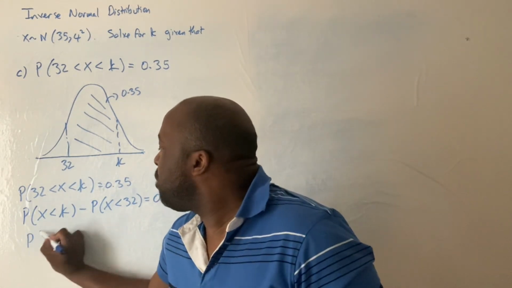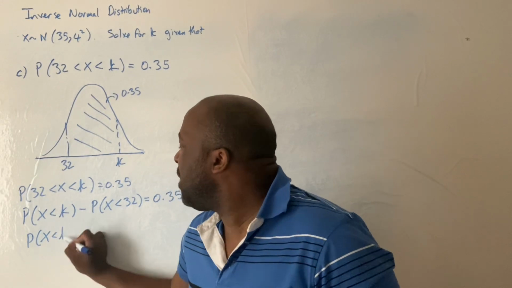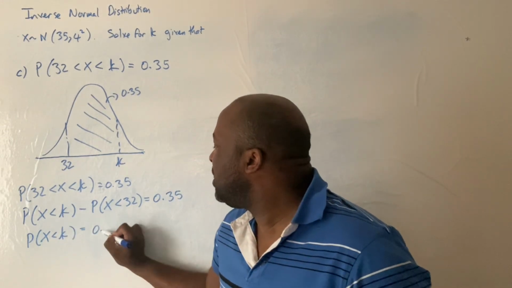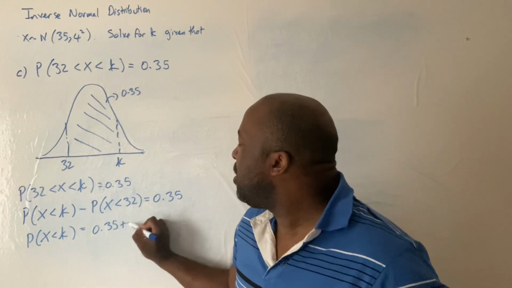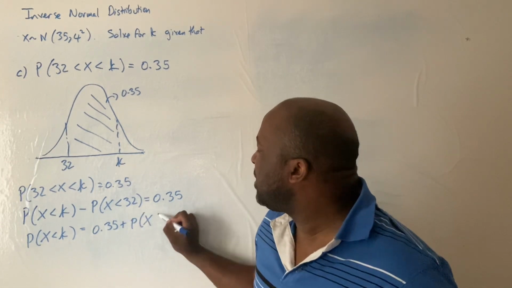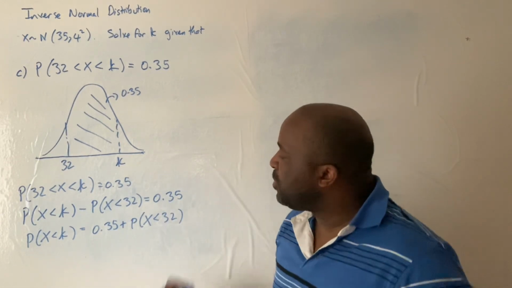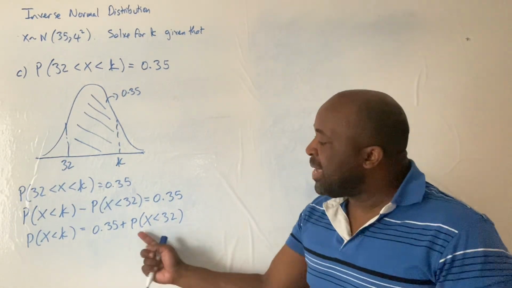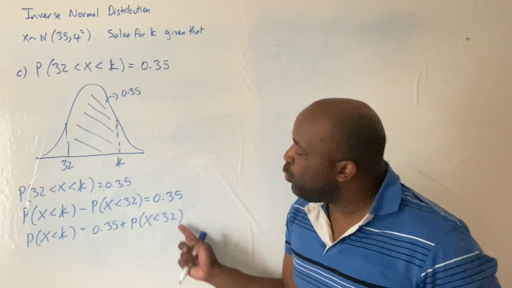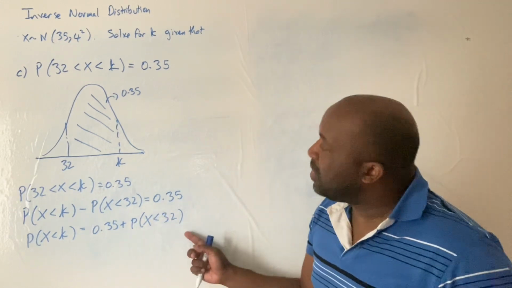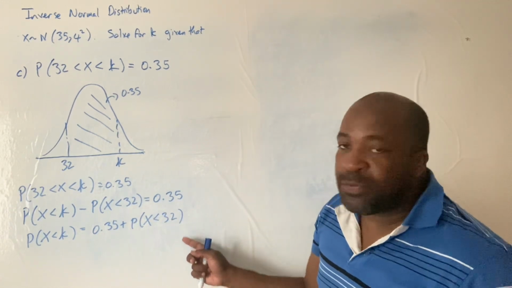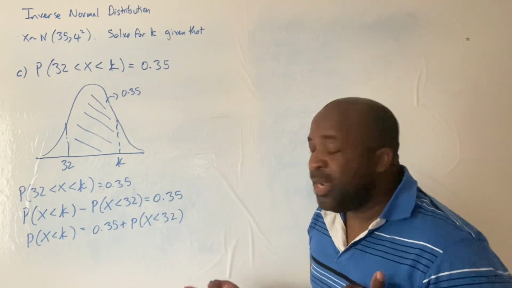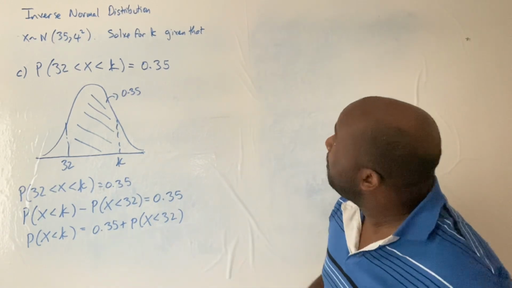Therefore, the probability that x is smaller than k must be 0.35 plus the probability that x is smaller than 32. Once I've written it this way, I can simplify by evaluating x smaller than 32, and I can use the calculator to assist me here.